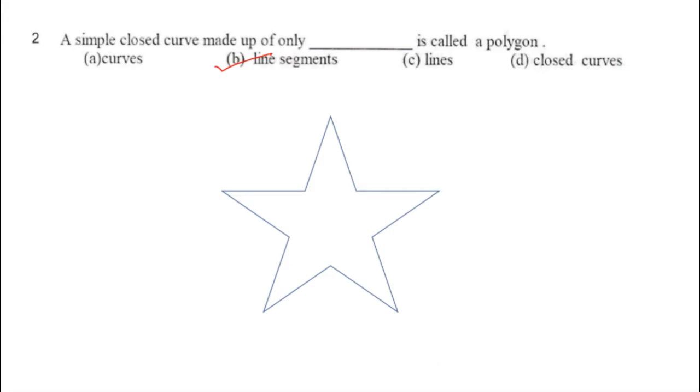Question number 3. Each exterior angle of a regular hexagon is of measure. So let me consider a regular hexagon, in which all the sides are equal and all the angles are equal.